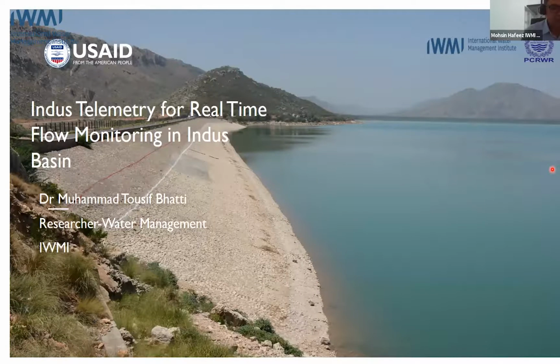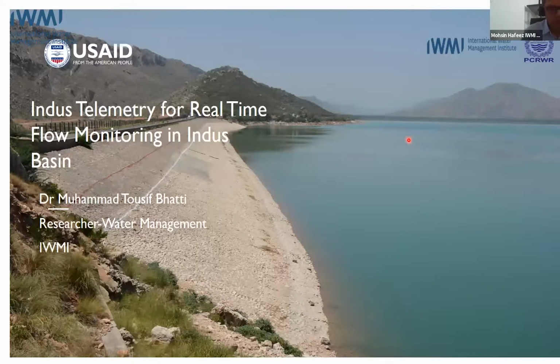Tosif has extensively worked on different facets of water management in the Indus Basin irrigation system. He is a strong advocate of using technology in managing water resources, as technology can bring transparency and be a catalyst to win the trust of stakeholders. Tosif has worked as a faculty member at a leading engineering university in Pakistan. He has been working for IWMI for around 7 years.